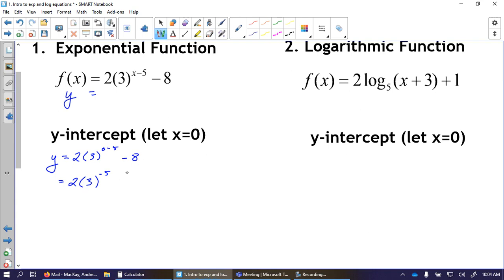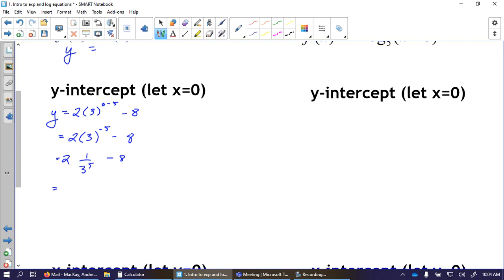The y-intercepts are easy and hard. So that's 2 times 1 over 3 to the 5th, minus 8. 2 times 1 over 3, 9, 27, 81, 243, minus 8.